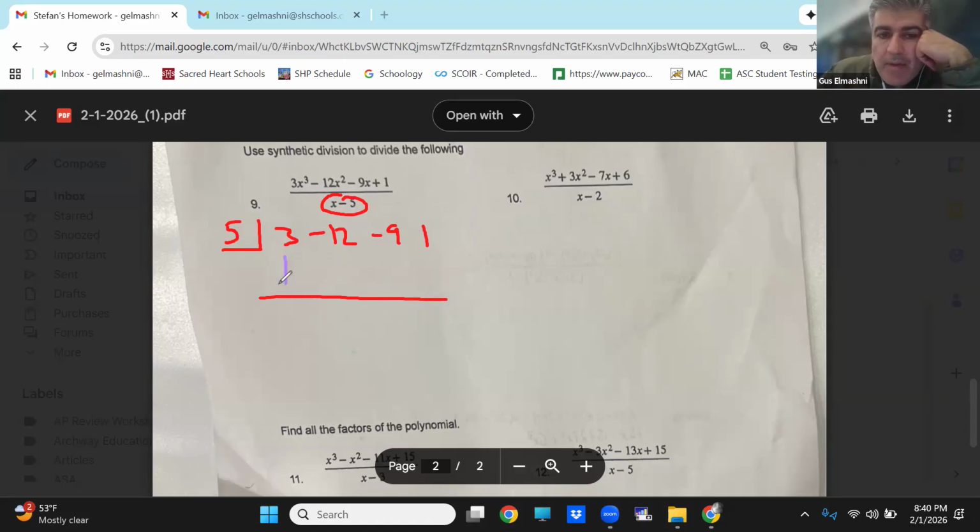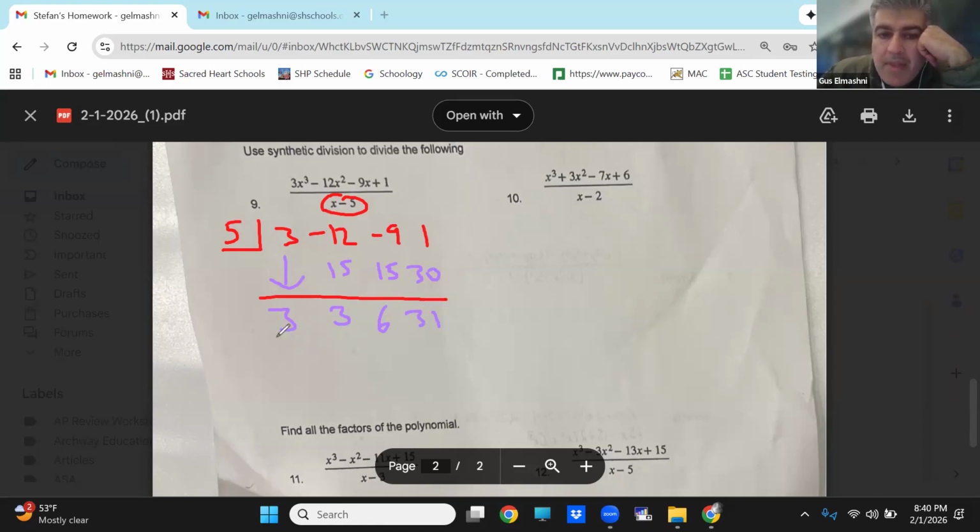So you bring the 3 down, multiply 5 by 3, which is 15. And you put it right here. Then you add those two numbers, which is 3, and then you rinse and repeat. 5 times 3, which is 15. 9 plus 15 is 6. 5 times 6 is 30. And you get 31.